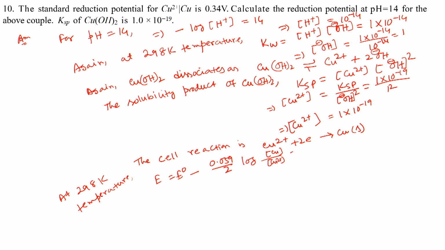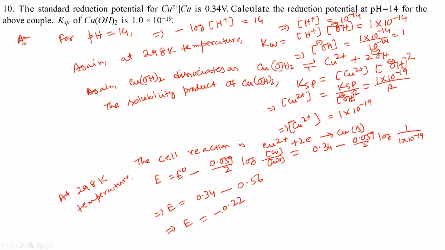The value of E naught we know is 0.34 volt, minus 0.059 by 2 log 1 by the concentration of Cu2+, which is 1 times 10 to the minus 19. Okay. So if we calculate this one, E is 0.34 and the value of the other quantity is minus 0.56. So E will be minus 0.22.